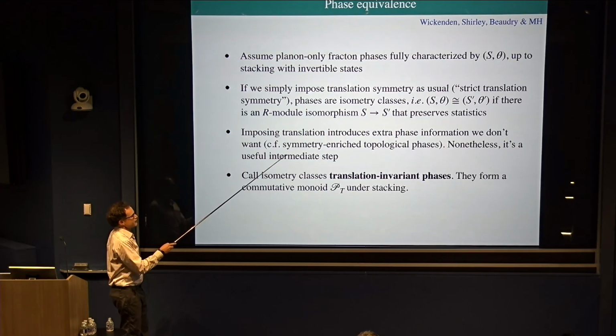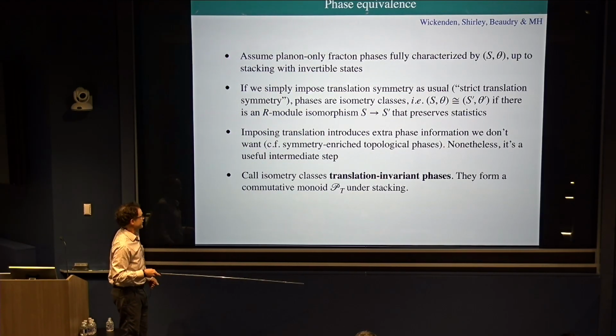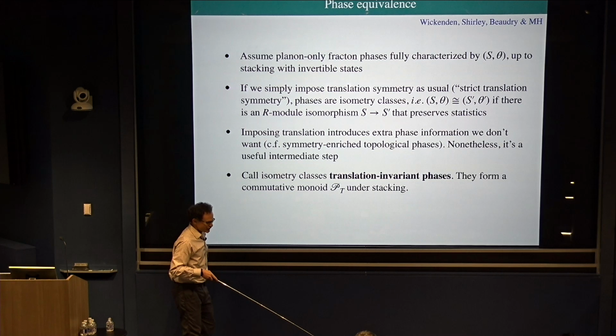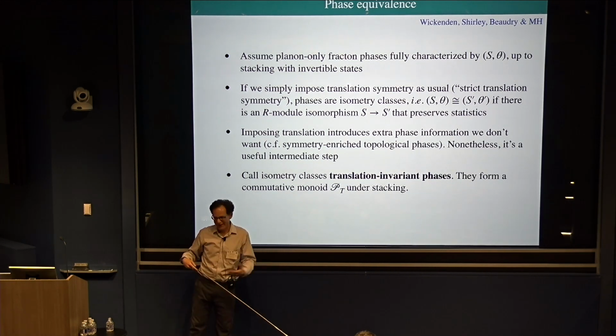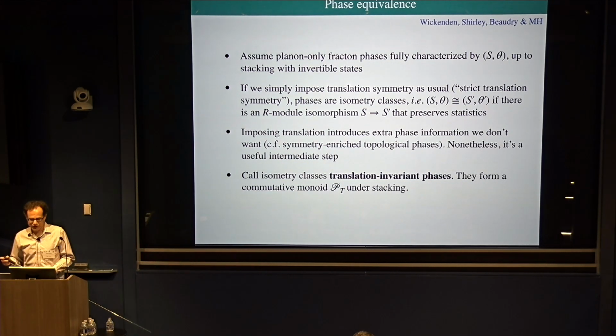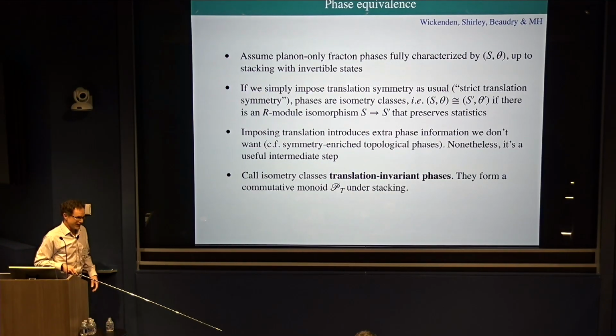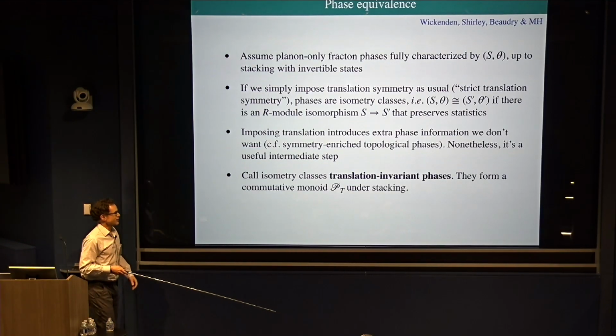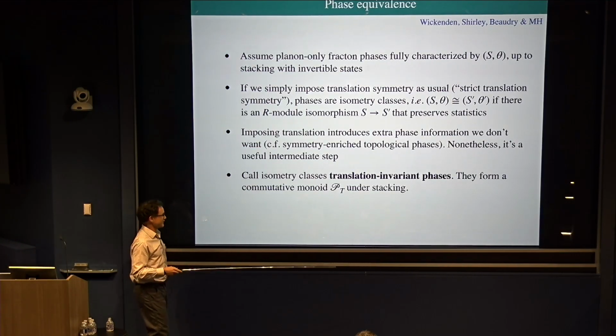This is very simple, but there's a problem with this, which is that we know that imposing translation in a strict way as a symmetry, as usual, introduces some extra phase information that we might not want. We don't want it at first. It would be the wrong way to organize our thinking.